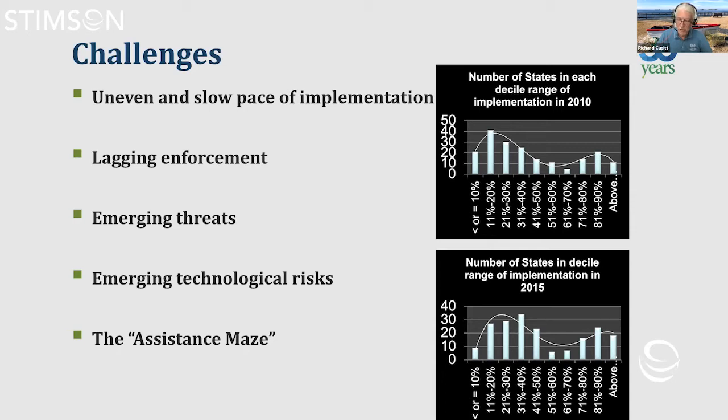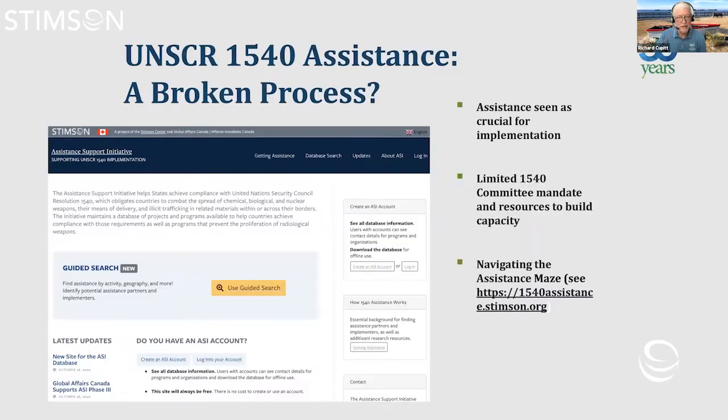There are emerging new technological risks, and for many of you, you're working in some of these fields. And also the assistance process is much more like a maze than a surefire way to get partners offering assistance to those who need it.